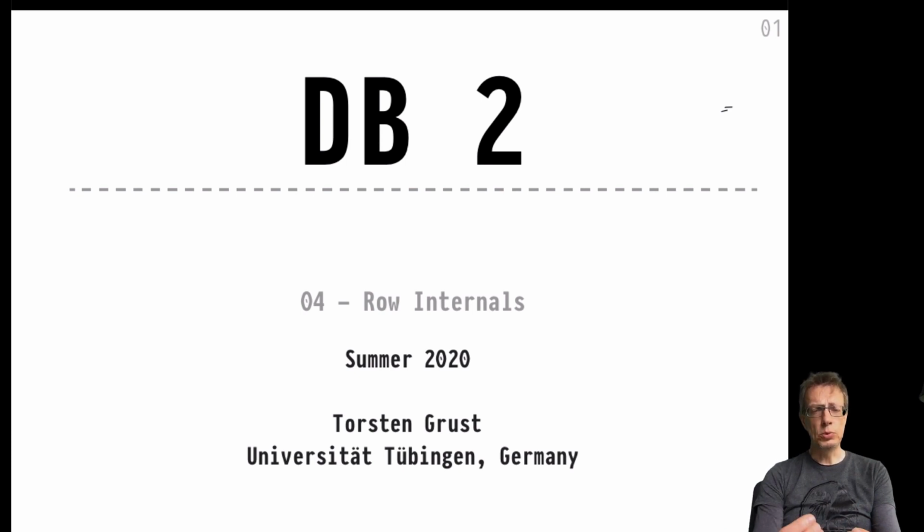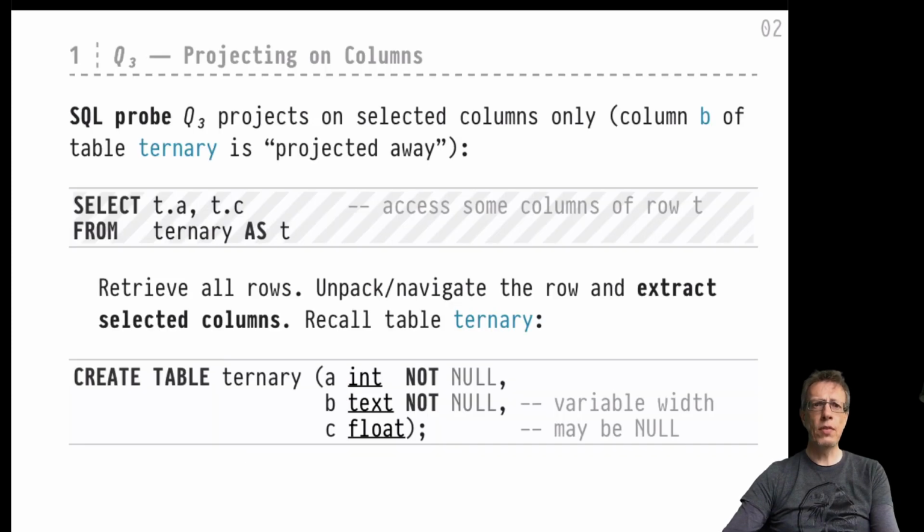Of course, we will use a probe query again to explore what really happens behind the scenes. So another probe query, Q3, is on the table now. You see that it's still querying our 3-column ternary table with columns A, B, C. But this time, we are only requesting the fields A and C. You see that the column B has been projected away, as the database folks would call this operation.